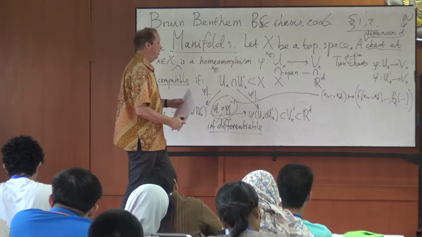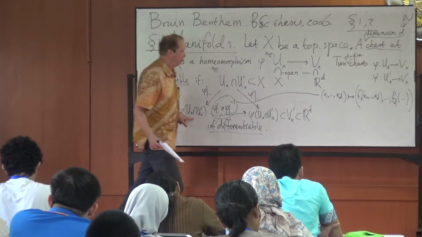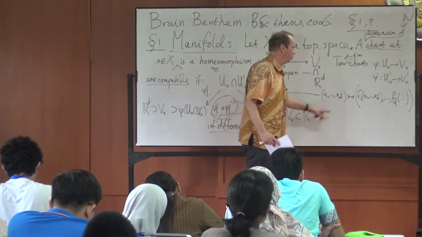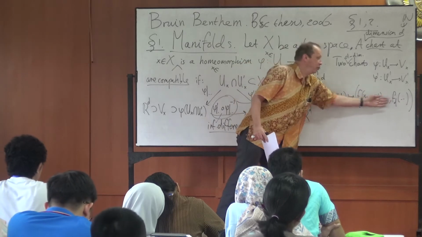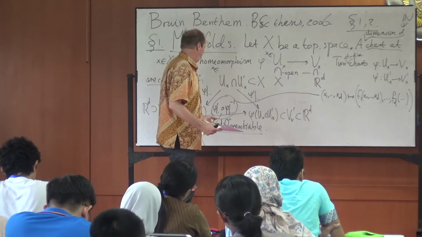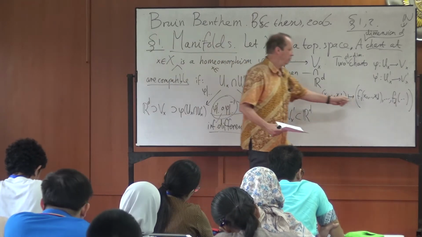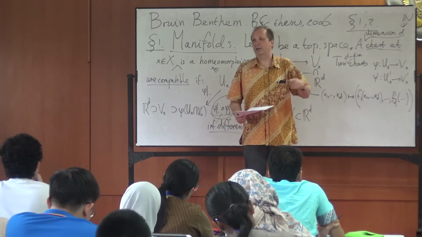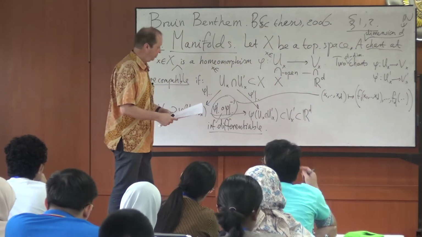Any point x1 up to xd in this set is mapped to a point in this set, which is also a d-tuple of real numbers, and so it looks very concretely like d functions of d variables. And the differentiability, or the smoothness, means that for these functions you can take their partial derivatives as much as you like, again and again and again. Okay? That's what it means.